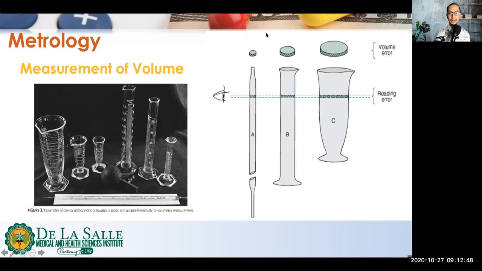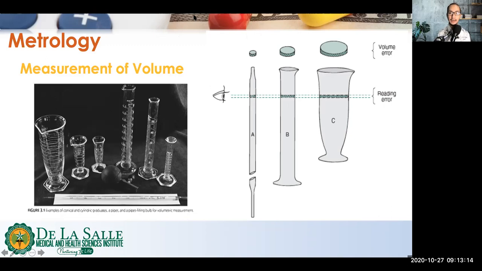Okay. Now, also remember from our last discussion, I don't know if we actually made it to this part, but anyway, remember also that whenever you read the measurements using your graduated cylinder or any of your measuring glassware in the laboratory, there is what we call a reading error.